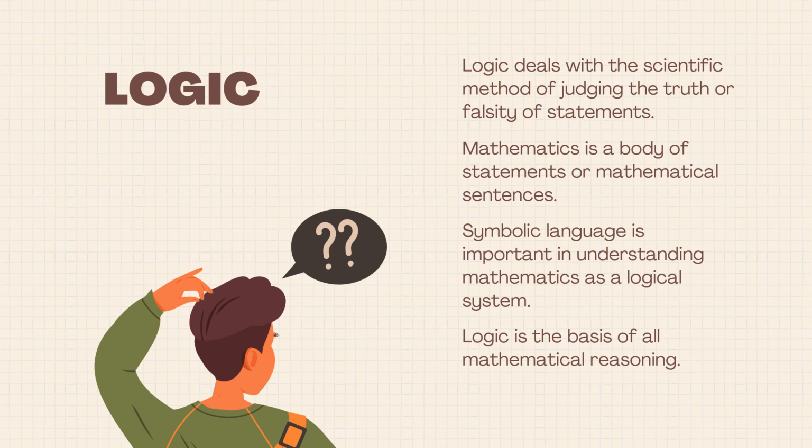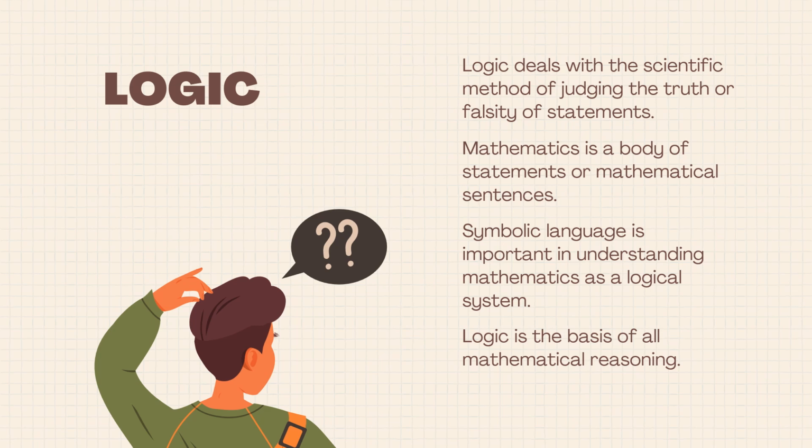Okay, so let's talk about logic. Logic deals with the scientific method of judging the truth or falsity of statements. Mathematics is a body of statements or mathematical sentences. Symbolic language is important in understanding mathematics as a logical system.